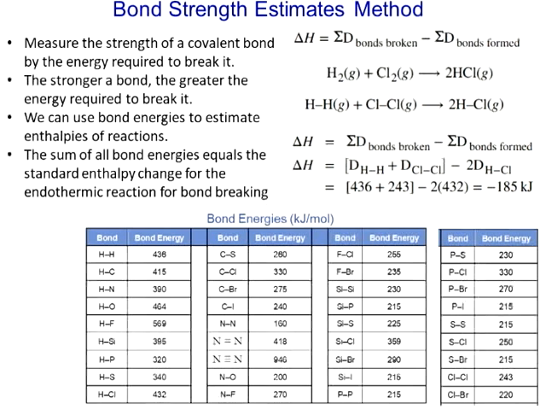So with that, what can we say then? We can say then that delta H equals the sum of the bonds broken minus the sum of the bonds formed. Okay? So basically, again, delta H equals the sum of the bonds being broken minus the sum of the bonds being formed.